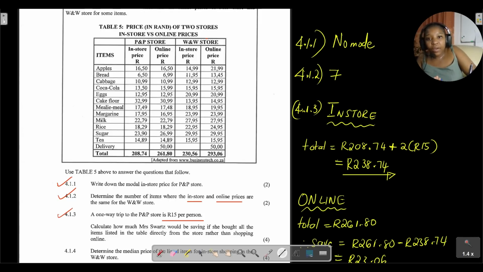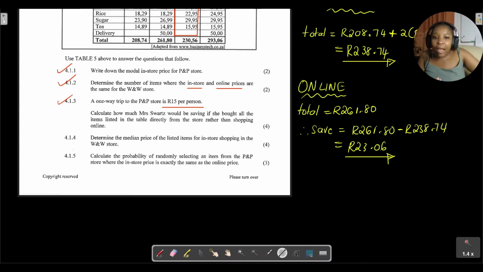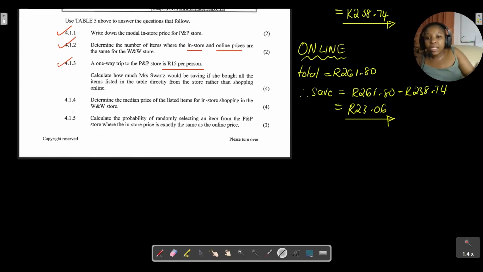Remember, for us to get the median, we need to make sure that we arrange all our prices in ascending order. Once we've arranged them, we can look for the middle value.